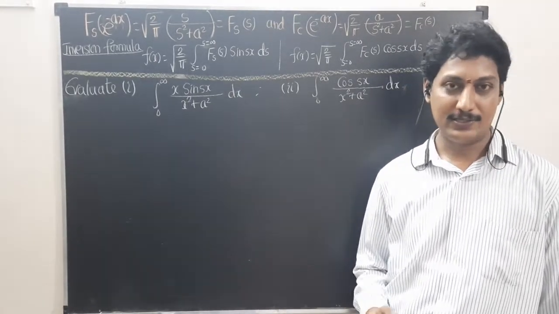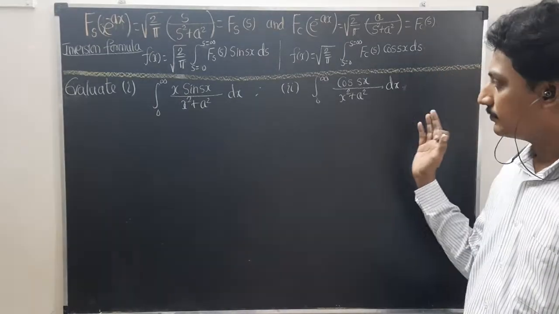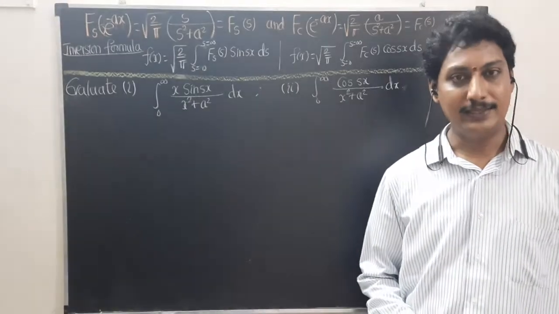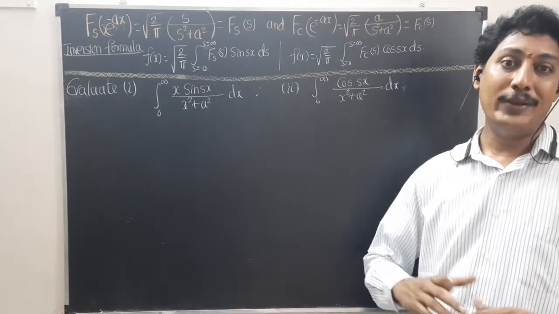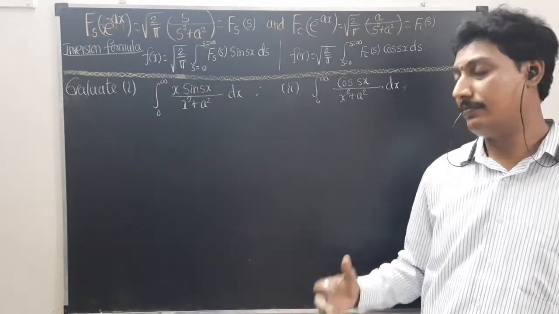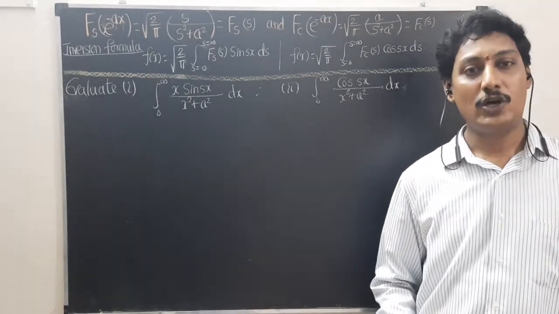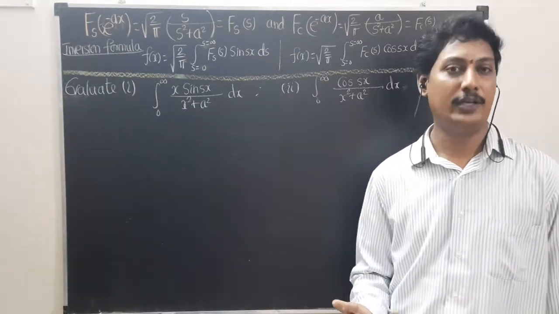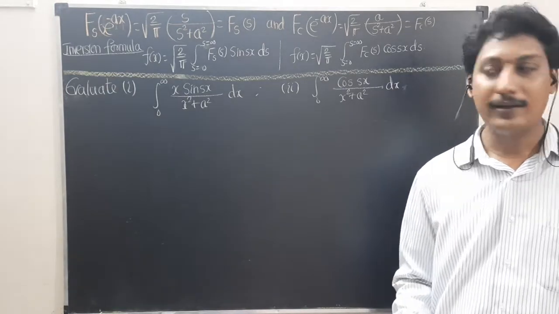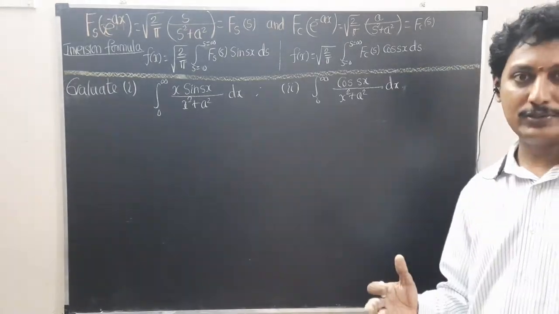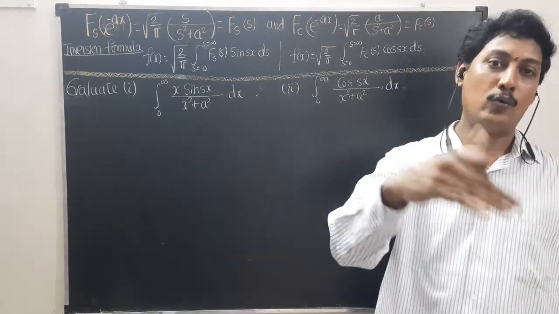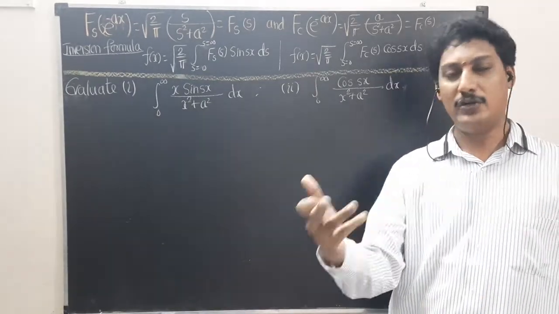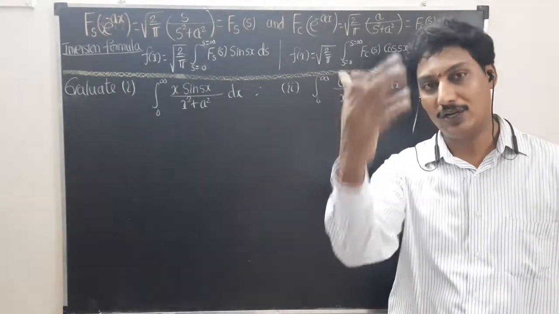In previous years you may have solved this type of integral, the evaluation of real definite integrals using contour integration, which is done by Cauchy's residue theorem: 2 pi i into the sum of the residues at each of its poles. Please go and watch the separate video I already made for complex integrations.